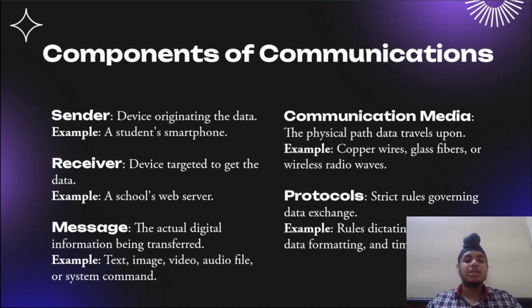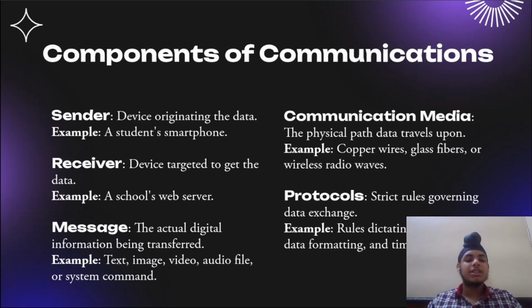Next is communication media. That is the physical path the data travels. Next is the fifth and last component, protocols. Protocols are strict software rules that make sure the communication process is held perfectly.